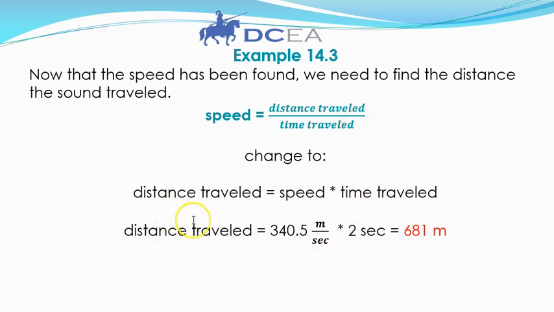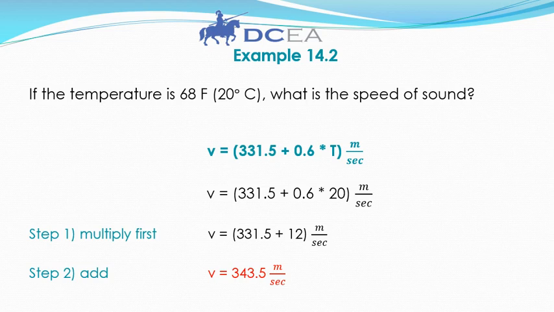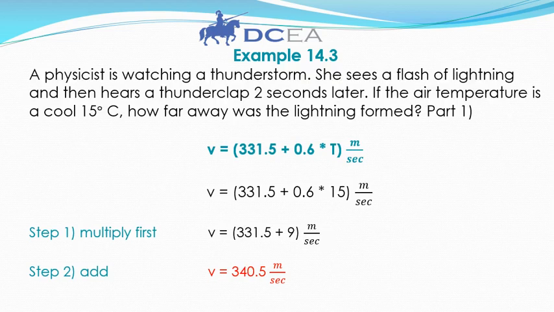The speed we just solved for was 340.5 meters per second. And how long did it travel? Well, let's go back to our original problem. There it is. She heard a thunderclap 2 seconds later.